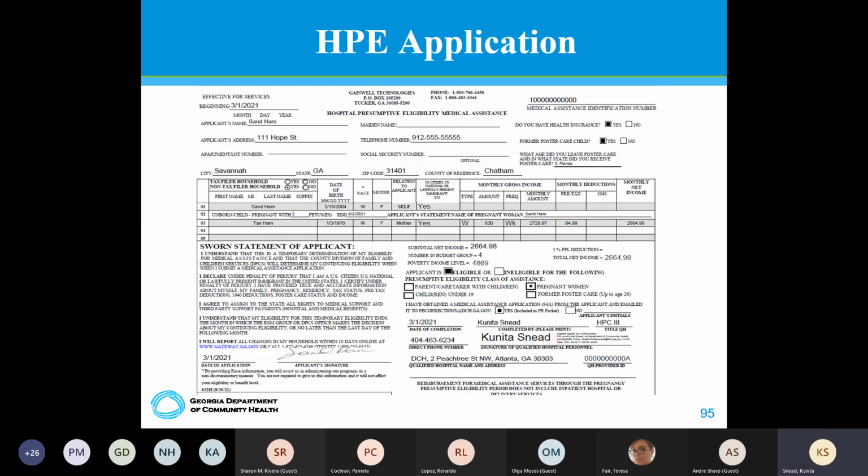The number in the budget group is 4. The income limit is $4,869. We did not have to use the 5% deduction, so the total net is still the same, the $2,664.98.